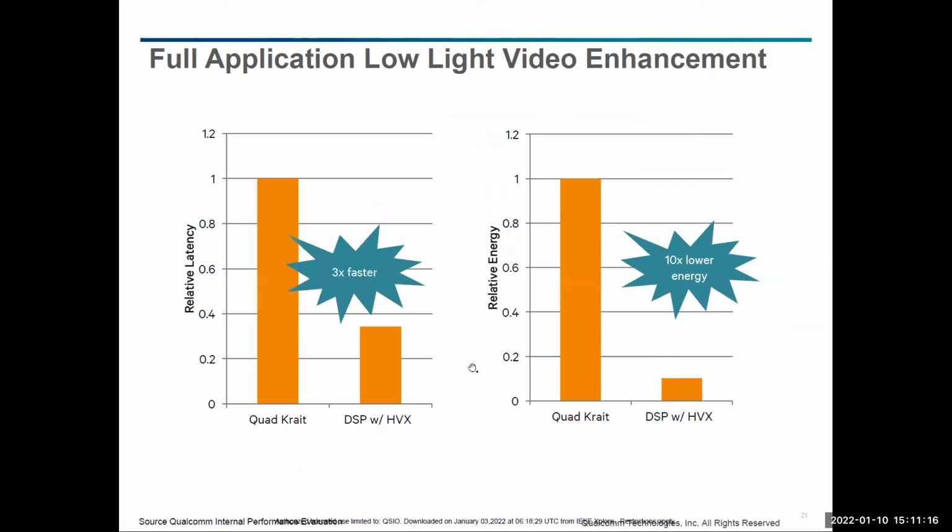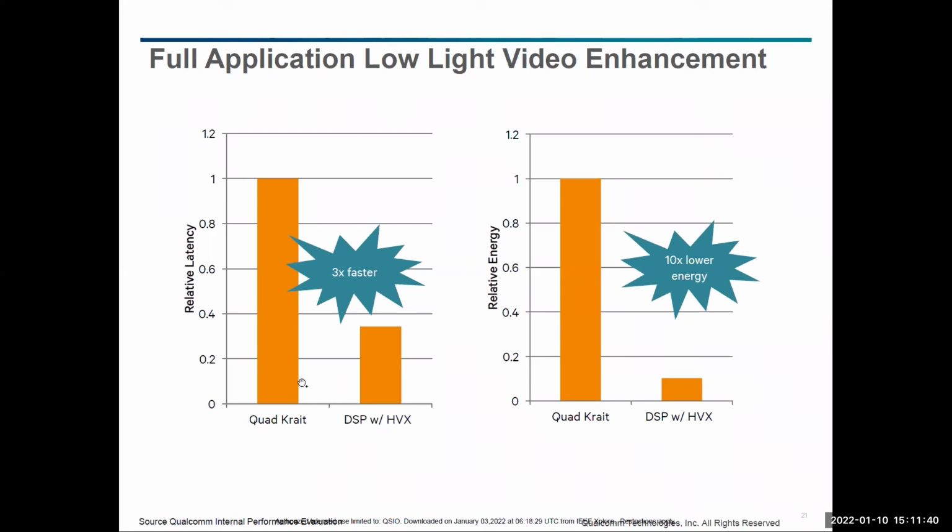Okay, so the previous graph was talking about individual kernels, whereas this graph talks about a full-fledged, end-to-end application. In the beginning of my presentation, if you remember, I spoke about low light image and video enhancement. We do have a low light video enhancement algorithm that runs on HVX.